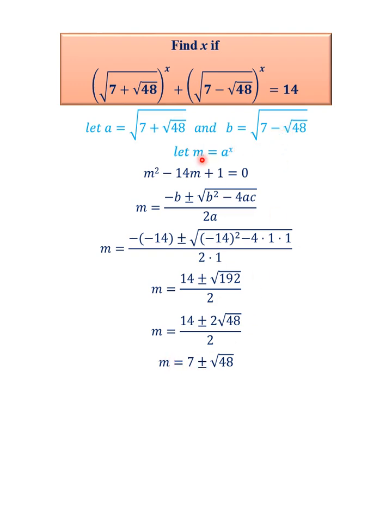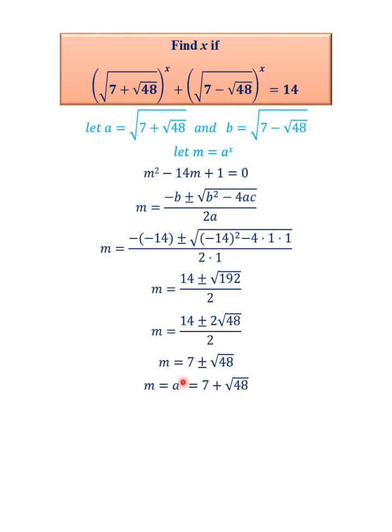Since we made m to be equal to a, we are going to use the positive value of this solution, so that m will be equal to a to the power of x from our assumption, and that will be equal to 7 plus square root of 48. I've taken out the negative because we're using a, and a is the positive solution, so we've left this as positive. Now let's solve further.